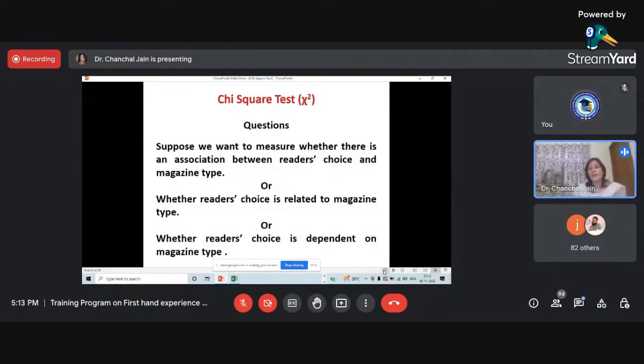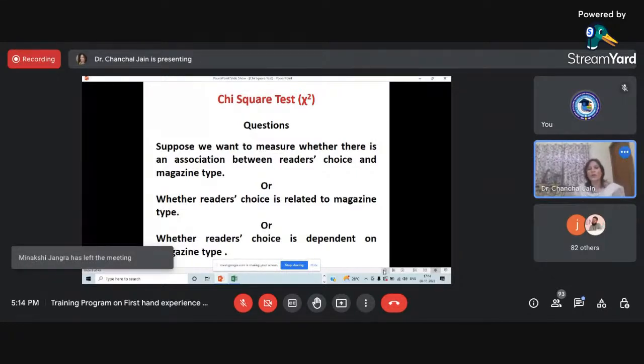Now, for example, being a researcher or a statistician, suppose we have certain questions. Here I have taken one example. Suppose we want to measure whether there is an association between reader's choice and magazine type.